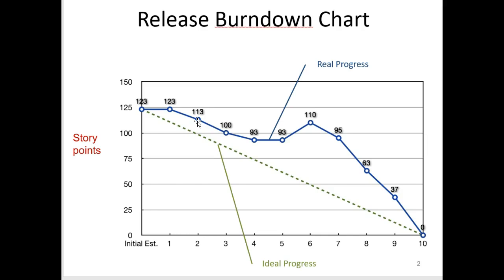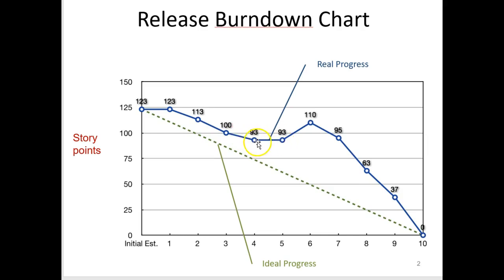That's still a little slower than what you had in mind if the work was evenly distributed. So the even distribution would be 12.3. This one is 10, a little slow. You go to 100, that's 13 story points burned. That's 7, much slower than the ideal progress line.